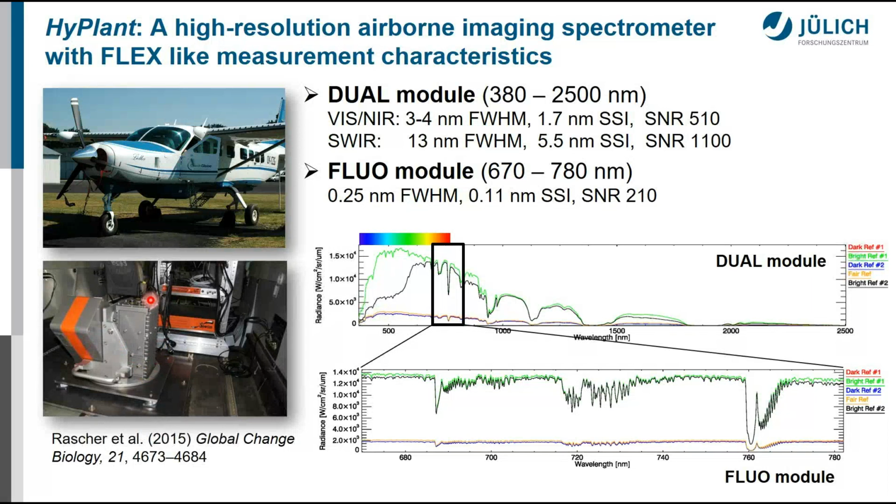This is this module. And we had a custom-built second module where, exactly in the spectral region of the red and far-red spectrum, the emitted radiance of the surface was resolved in high spectral resolution. What I showed you before with these two oxygen absorption bands, these two absorption bands are also seen here, and these are real airborne data, measurements from a flying aircraft flying over real vegetation.